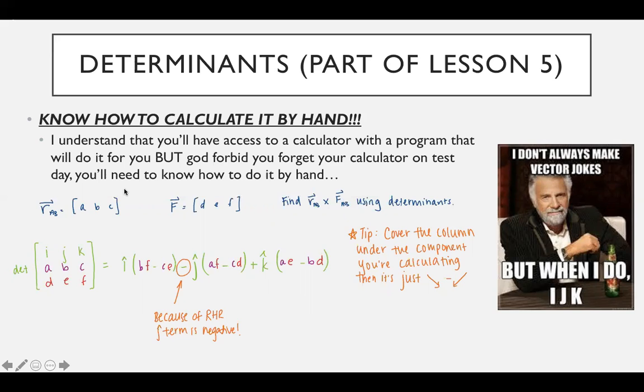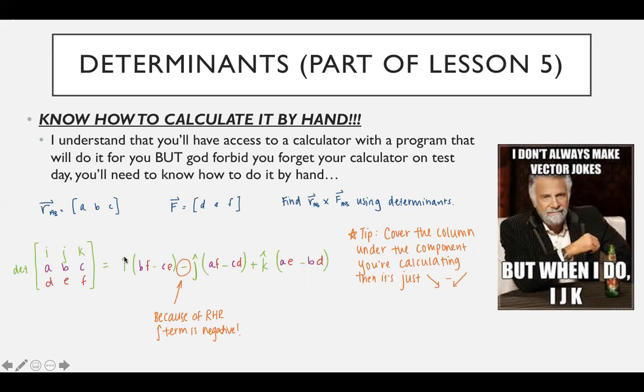So from the previous slide, we have a position vector with 3 terms and a force vector with 3 terms. And again, it's r cross f, so you put your dimensions i, j, k at the top of the determinant, and then the next row is your a, b, c for your position vector components, and then the bottom row is your force vector components. So then you go in and cross product that, right?